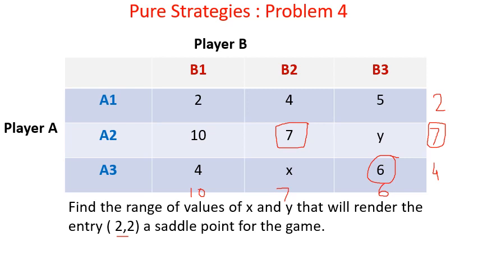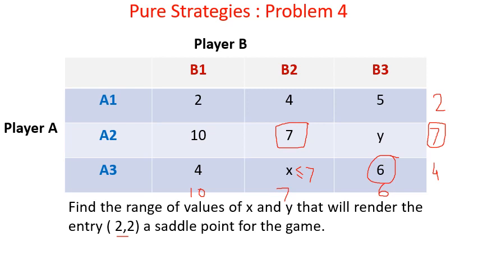For that to happen, this x value should be either 7, or x should be lesser than or equal to 7. So if this particular value x is less than or equal to 7, in this particular column, this value of 7 will be retained.